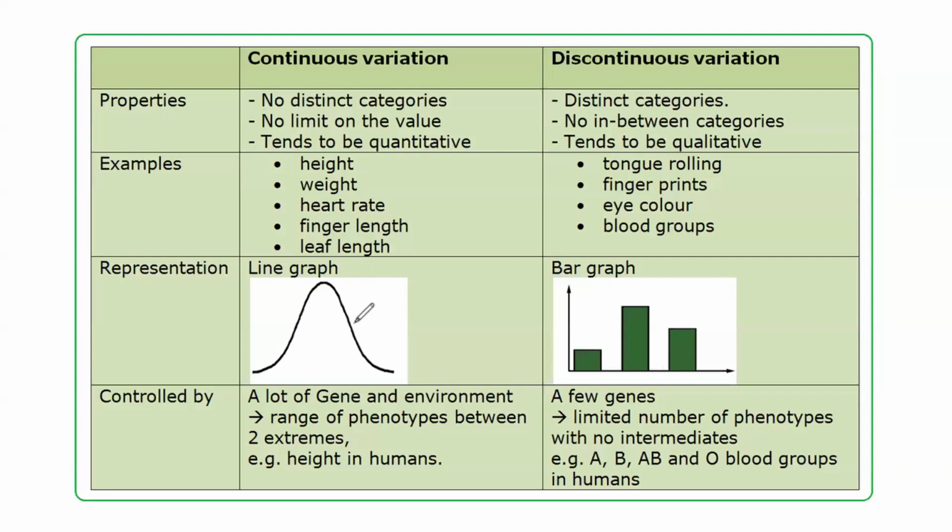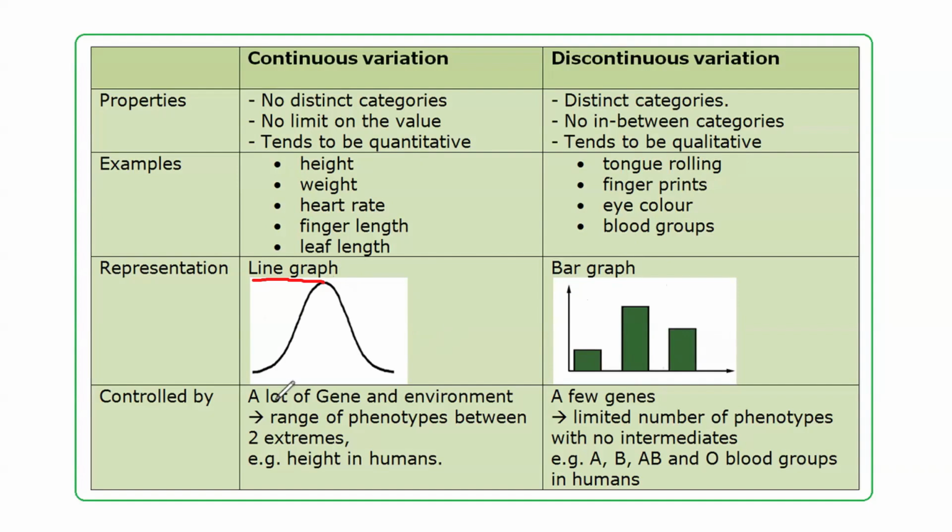For this one, we use a line graph. And of course, discontinuous variation uses bar charts. The bars are separate, so there is no in between. There are distinct categories.